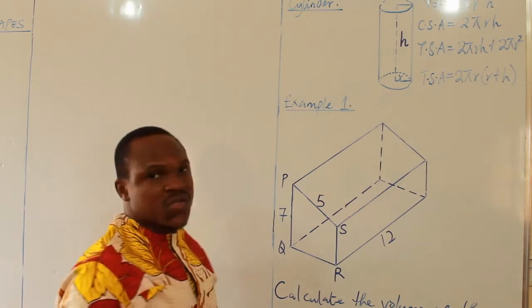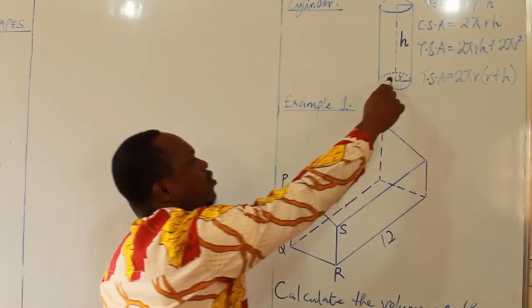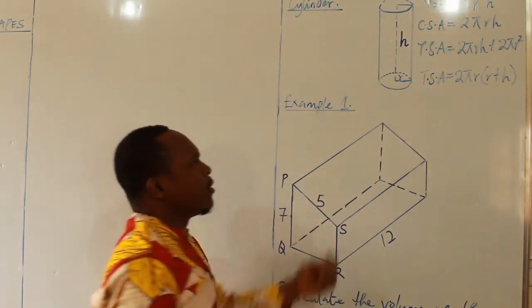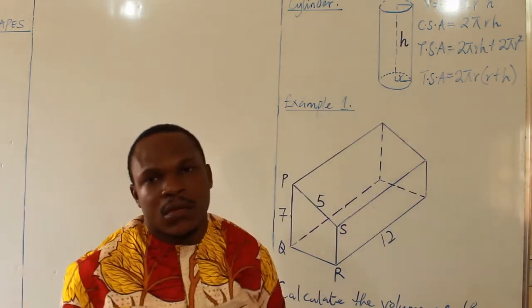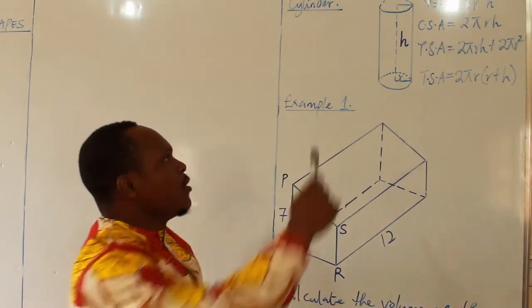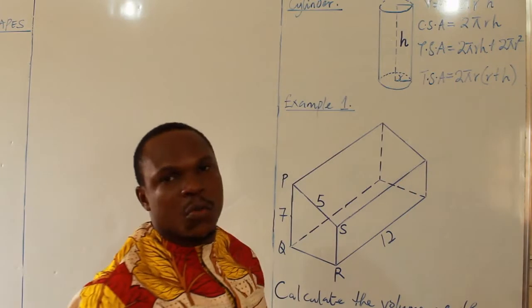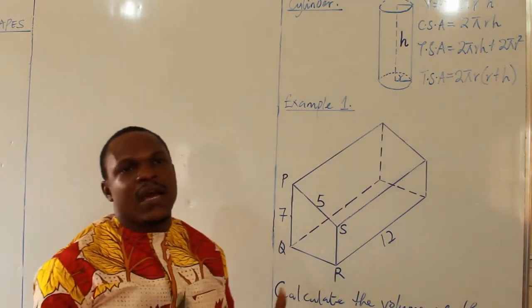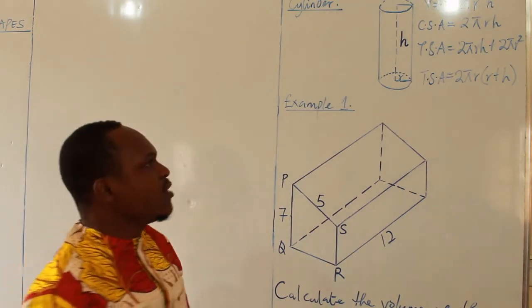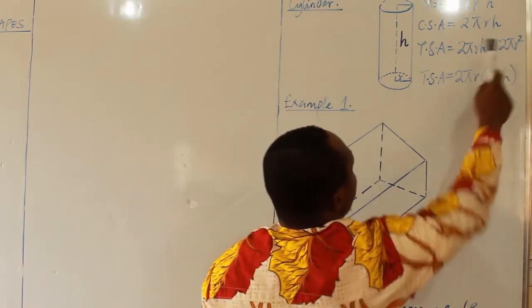Okay? Also, if you look at the bottom and the top, the area of the bottom circle is pi r squared. The area of the top circle is also pi r squared. When you add pi r squared to pi r squared, it gives you 2 pi r squared.